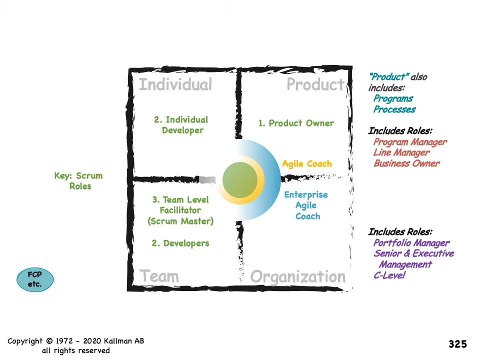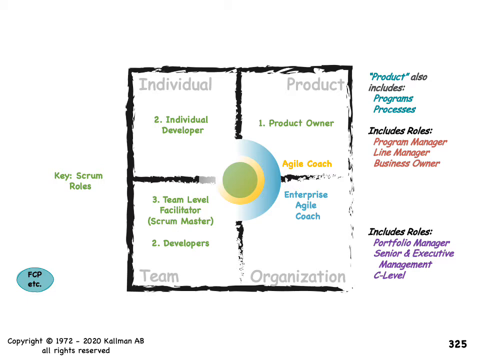In this picture, I use the 4-box that we use in the transformation slide deck extensively, and we use it in this deck as well quite a bit. And you have the 4 different boxes: the individual, team, product, and organization boxes.